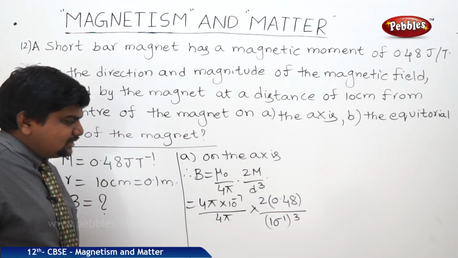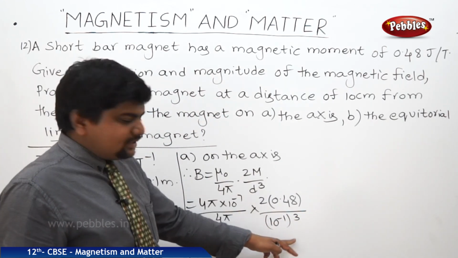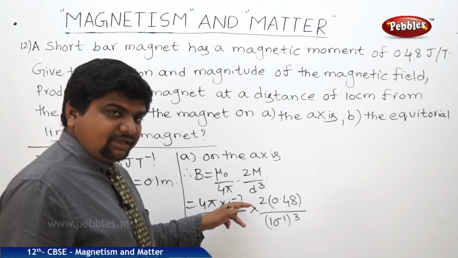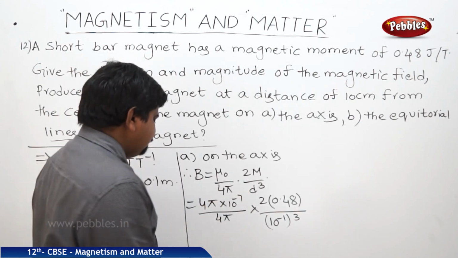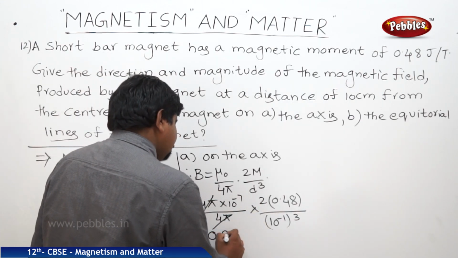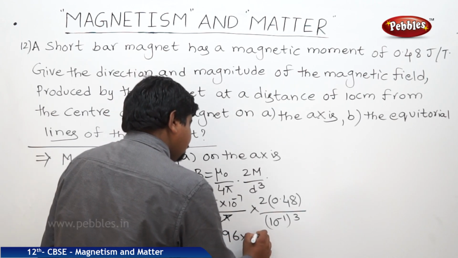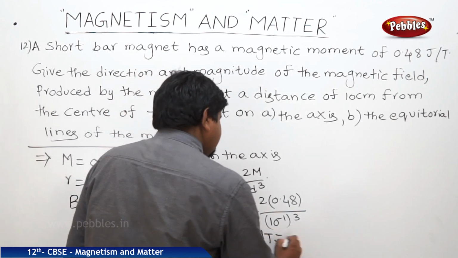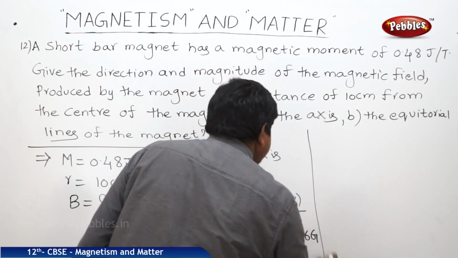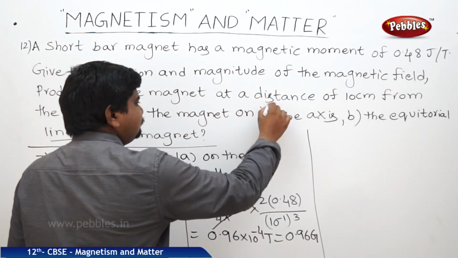So this 10 to the power of minus 3 goes up, 10 to the power of plus 3, 3 minus 7, 10 to the power of minus 4. 4 pi get cancelled. 2 into 0.48, 0.96 into 10 to the power of minus 4 Tesla. We can write 0.96 Gauss. The first bit was over.